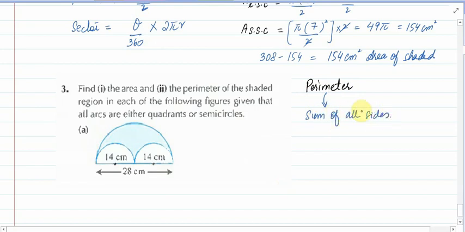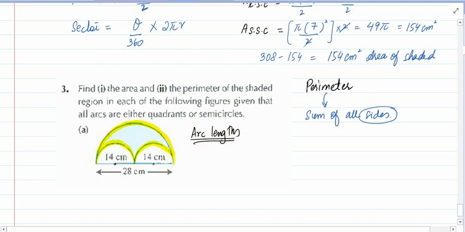But the next question is, which sides? The sides of the shaded portion. If I highlight the shaded portion boundaries, there are basically three boundaries, right? And these three are basically the arc lengths of semicircles. So you need to find the arc length of semicircle.